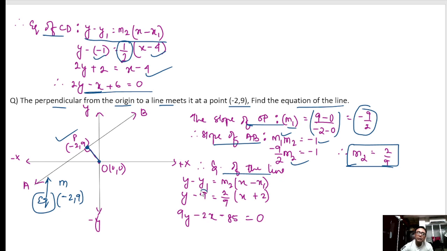So this is my coordinate x1, y1 and slope, and putting it and calculating it, we get the equation. Okay, so my x1 was minus 2 and y1 was 9 and slope was 2 by 9. So we can calculate the equation of the straight line AB.